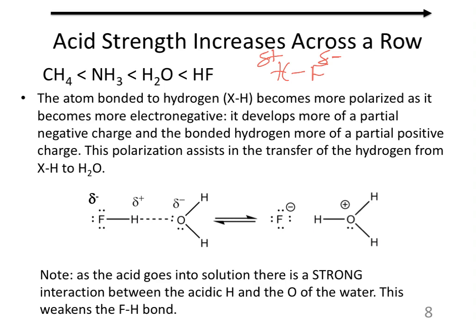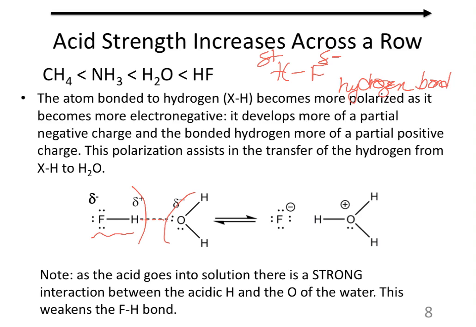And we also know that HF can hydrogen bond, can have the intermolecular forces of hydrogen bonding. And so when we put hydrogen fluoride in water, there exist hydrogen bonding intermolecular attractions, which we know are strong, between water and the hydrogen fluoride molecules.